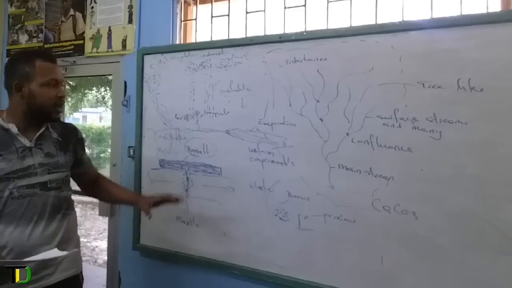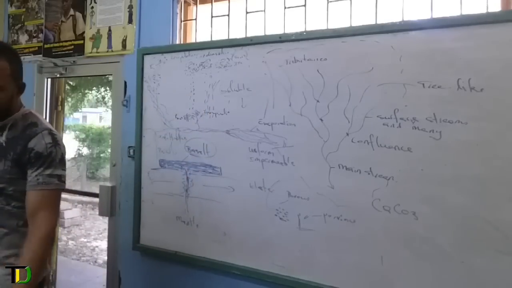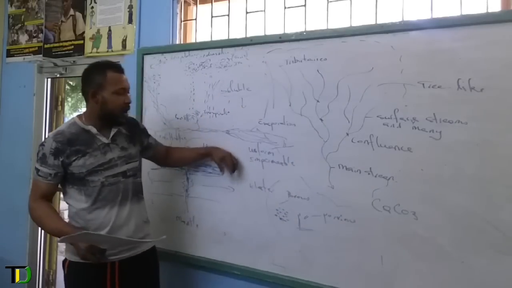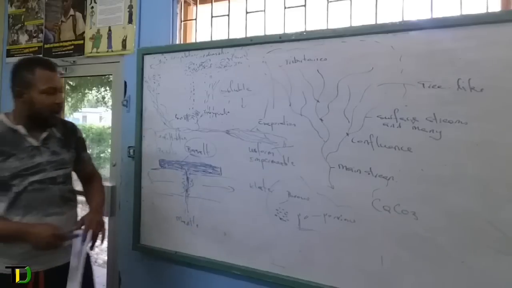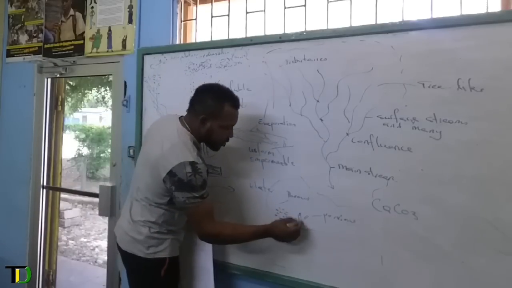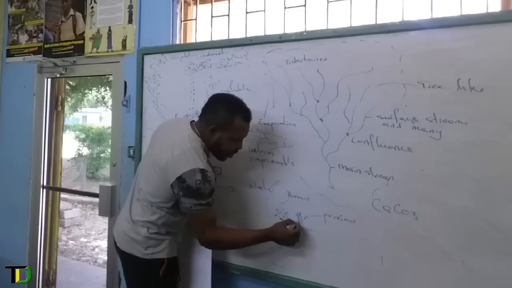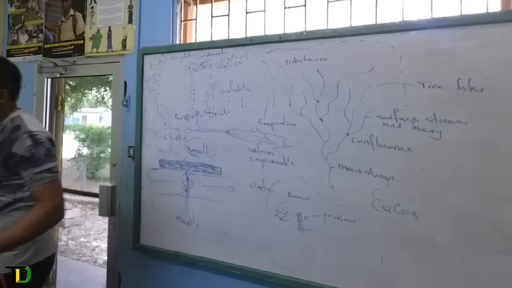So sinkholes are also called swallow holes, and they are formed when limestone rocks are weathered, causing streams or rivers to disappear underground. Remember I said that limestone rocks are pervious, so they have cracks and joints. So if they have cracks and joints now, rainwater over time will absorb carbon dioxide from the atmosphere.